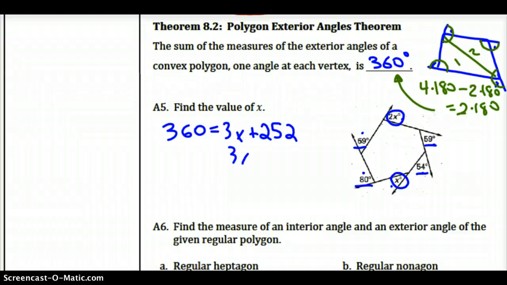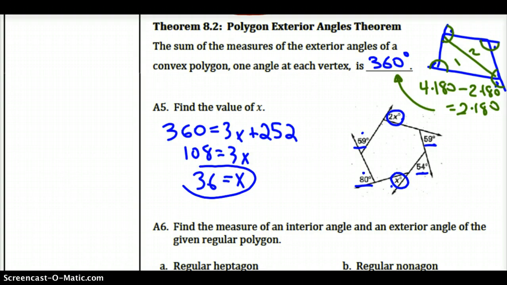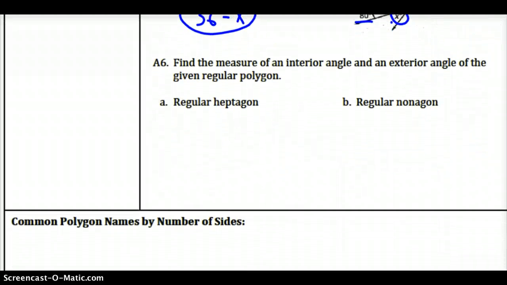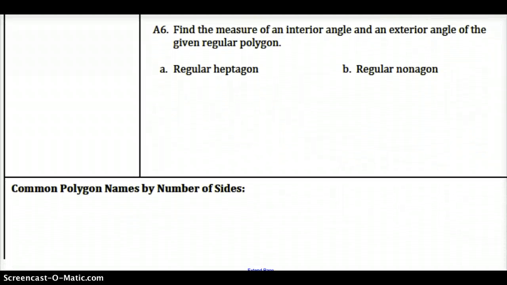Subtract, equals 108, divide by 3, x equals 36. A little bit easier than the other way as far as interiors. But again, still some algebra involved there after the initial setup. A couple things here, and then we'll deal with the end of the lesson.